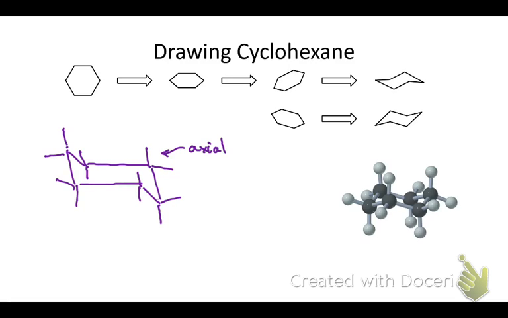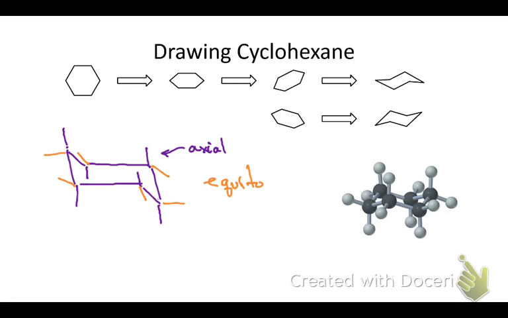The ones that are going vertically, let me try, I'll draw them in a different color too. I don't know. That looks like an interesting color. Those are known as equatorial.